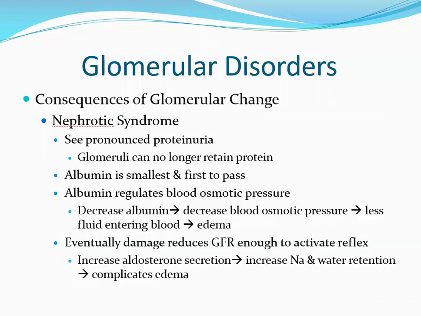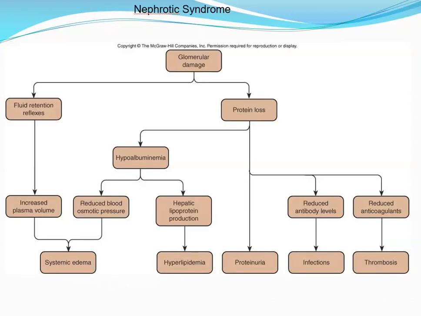As I said before, normally the basement membrane carries a negative charge that repels the negatively charged proteins. In nephrotic syndrome, the damage disrupts these charges, and this is what allows the proteins to escape. This is just a flow chart showing what happens, the glomerular damage in nephrotic syndrome, and how it results in protein loss.